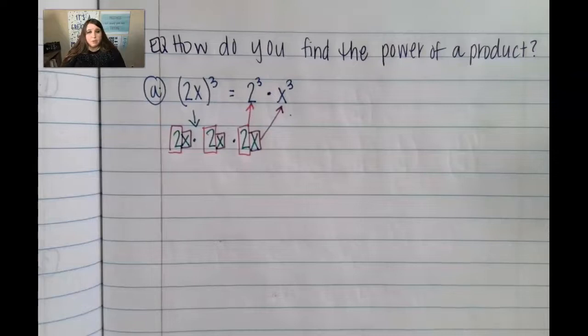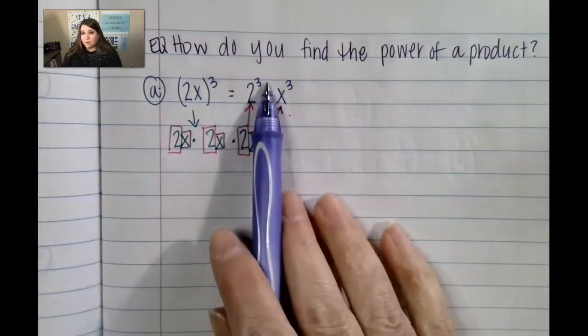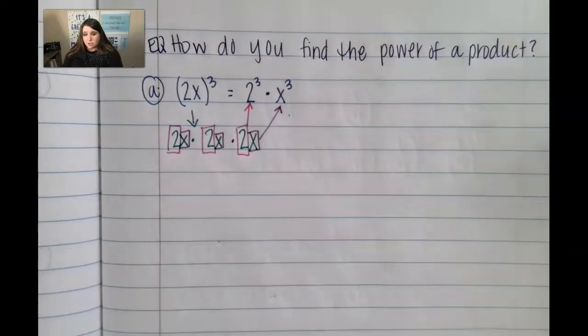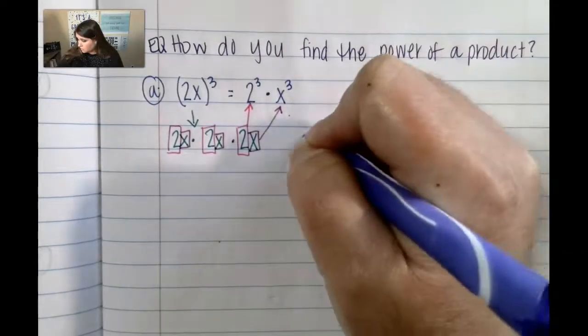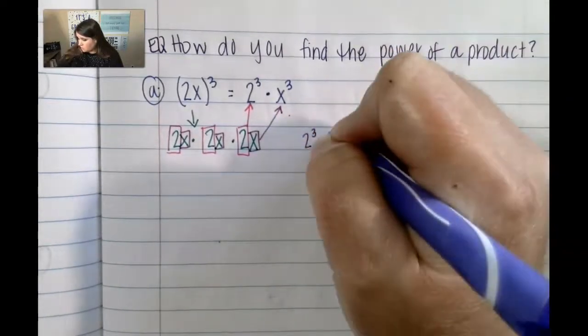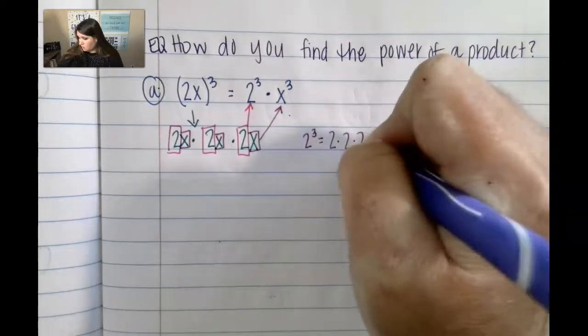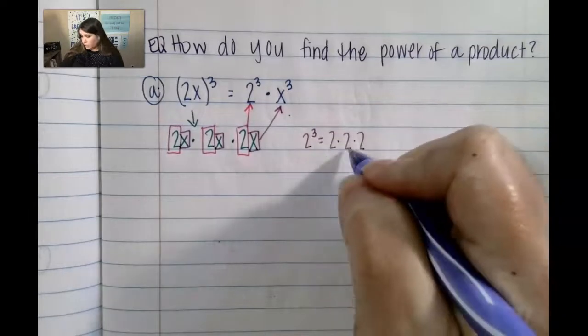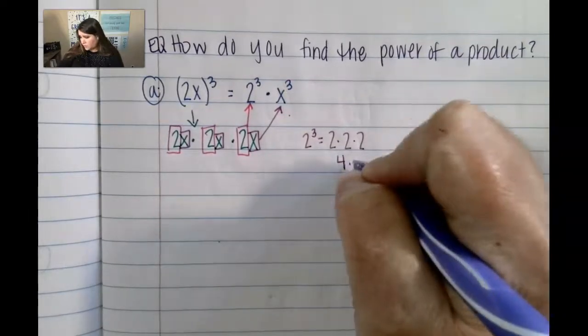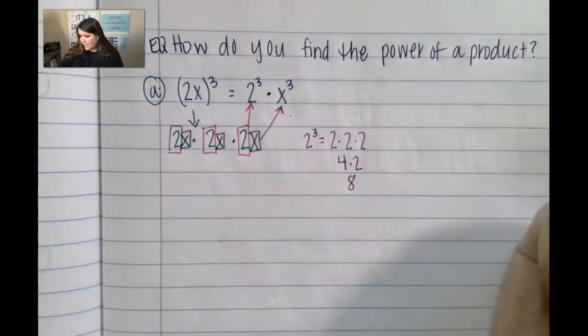Now we are going to simplify this down. We know that 2 to the third is just 2 times 2 times 2. Well, 2 times 2 is 4, times 2 gives us 8.